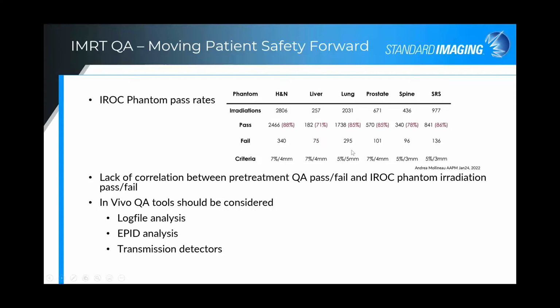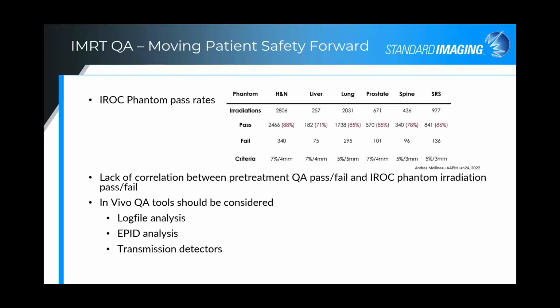And please note that there are still relatively low pass rates, even with these looser criteria than are typically used for pretreatment QA at clinics. For example, using a gamma of 7%, 4 millimeters, only 88% of the head and neck phantoms that have been sent out from IROC Houston, irradiated, sent back and analyzed, have passed the test.